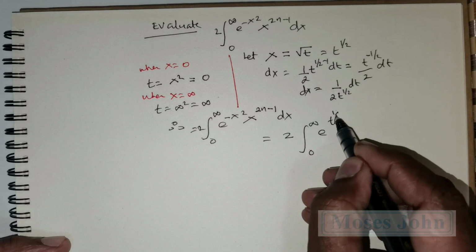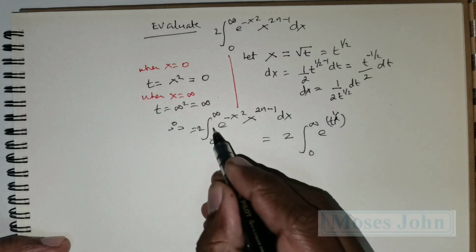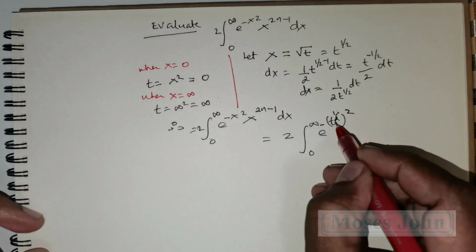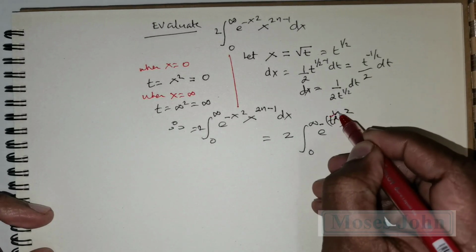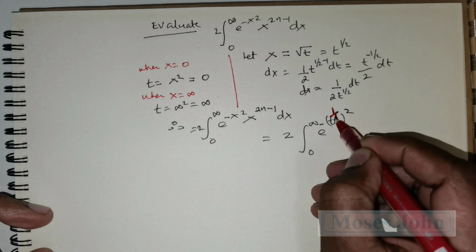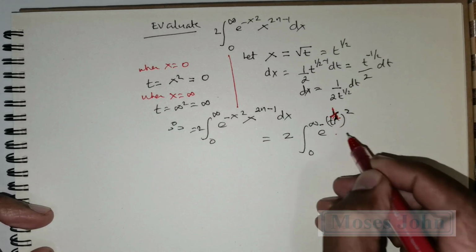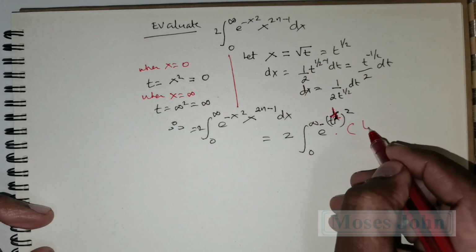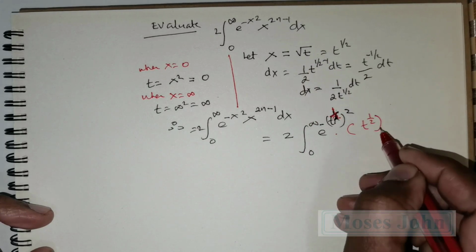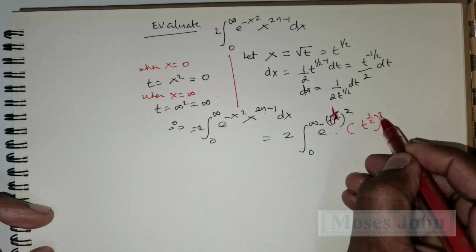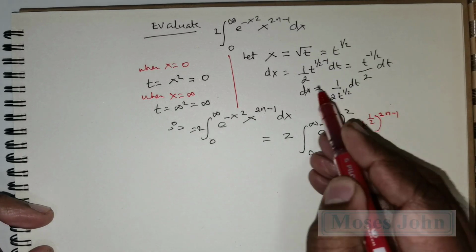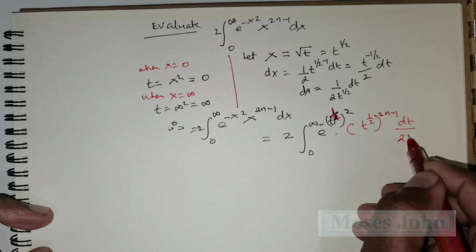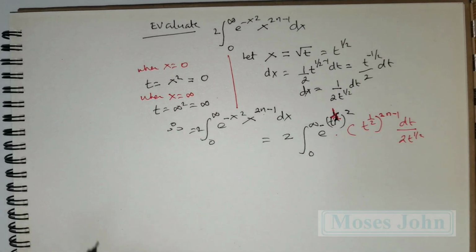So e raised to the power negative t raised to the power half, squared, times x, which is t power half, raised to the power 2n minus 1, and dx is dt divided by 2 times t raised to the power half.